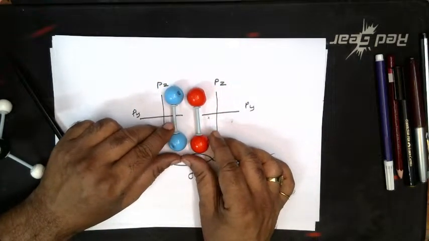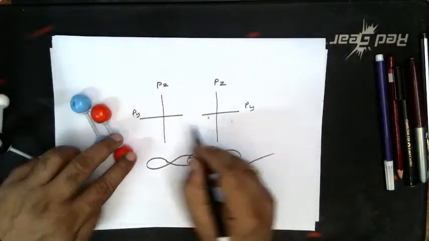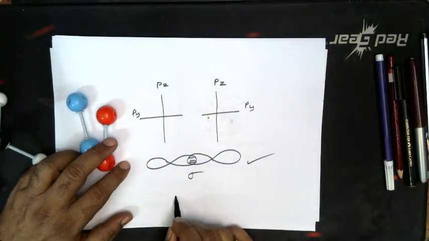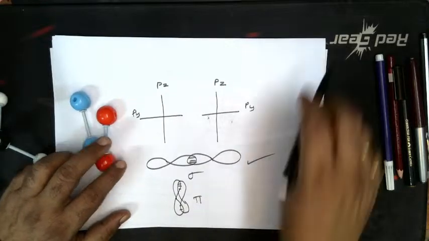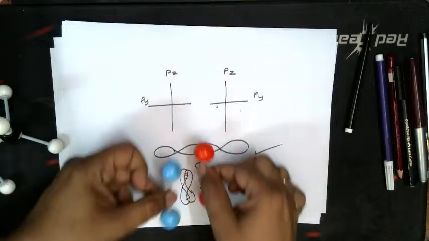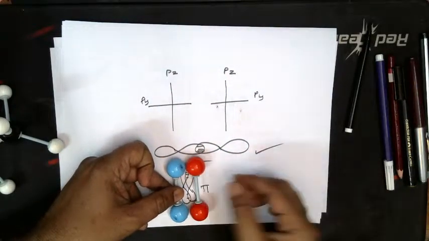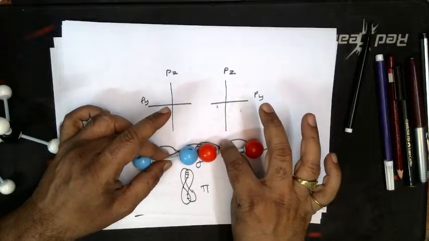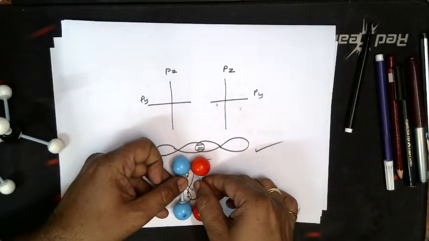This is a sideways overlapping, is it not? So we can draw pz combined with another pz. So this results in a pi bond. That is what I had done. Axial overlapping gives a sigma bond, sideways overlapping gives a pi bond.